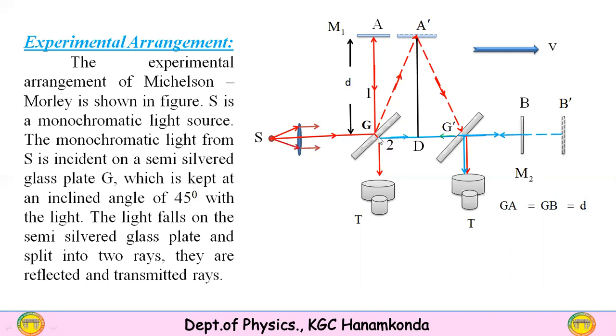The distance GA and GB are equal, say D.